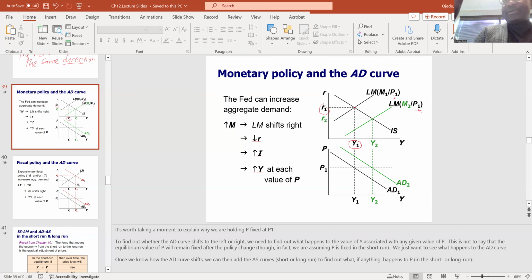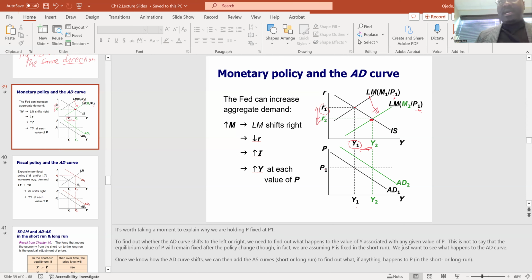We're also going to assume that this is your corresponding aggregate demand function down at AD1, where price is P1, Y1. So when the Fed increases the money supply, the LM curve is going to shift to the right. That's going to lead to a new equilibrium, where equilibrium output is going to increase and equilibrium interest rate is going to decrease.